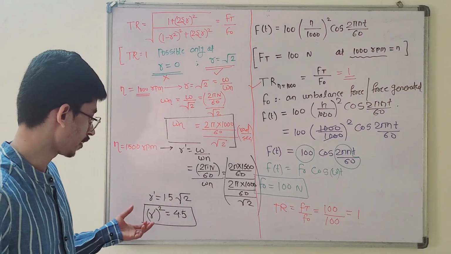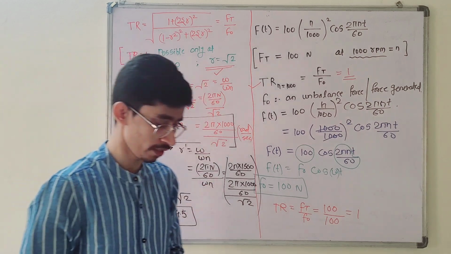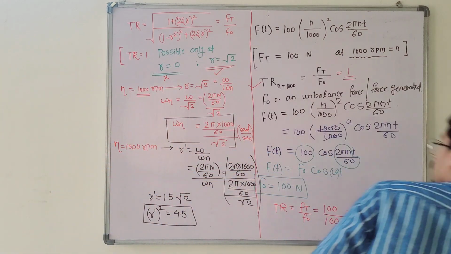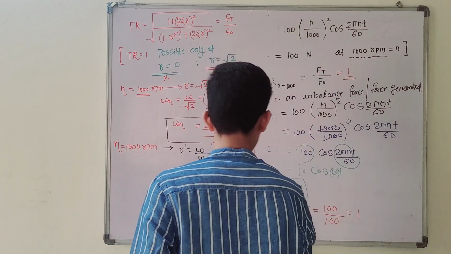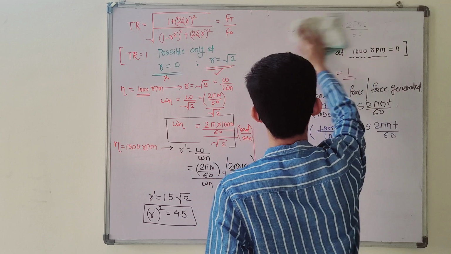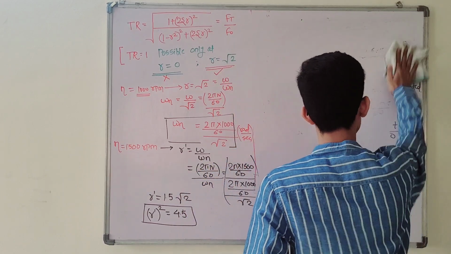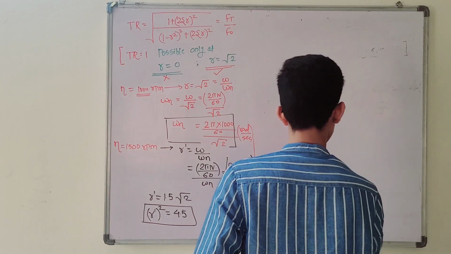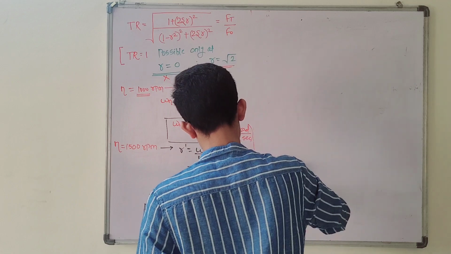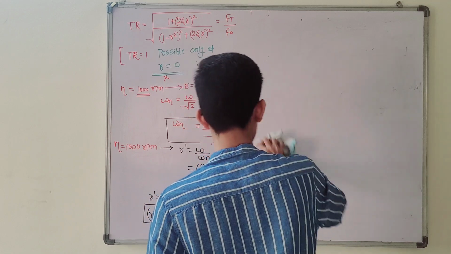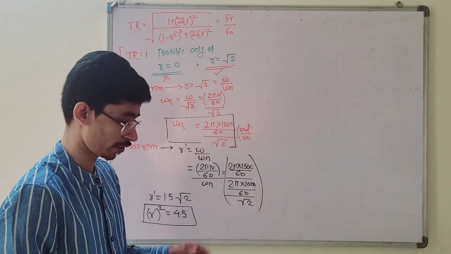I will explain why we have taken the square of r prime. Just take a few minutes. After solving this expression, we get r prime squared.